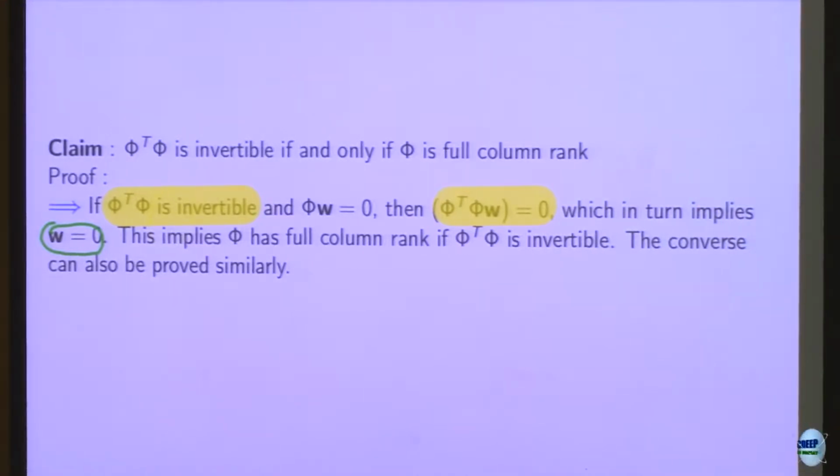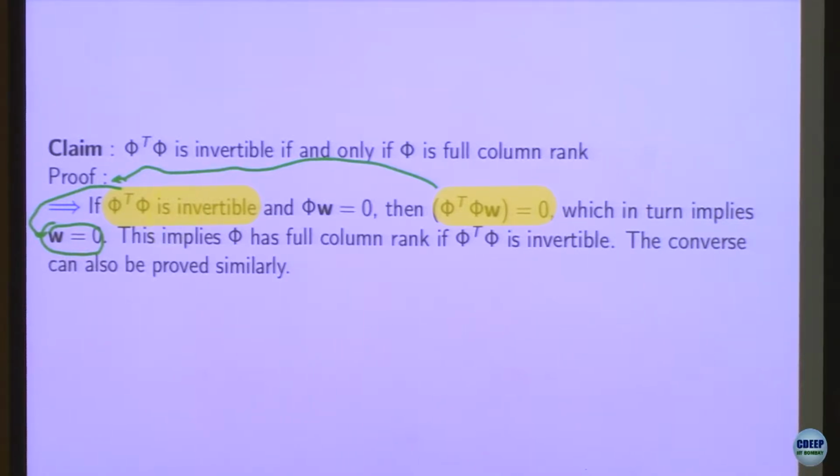In fact, row rank should be equal to column rank, should be equal to the dimension. So these two conditions mean that W equals 0, which means that phi has full column rank. So if phi W equals 0, W must be 0, which means phi has full column rank.